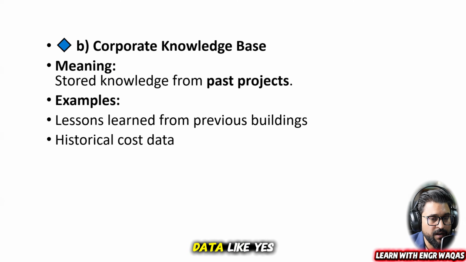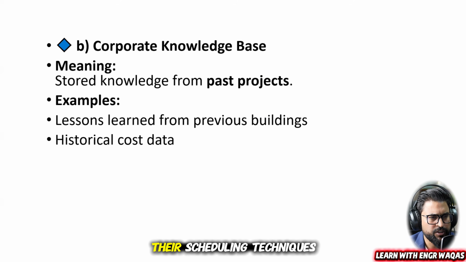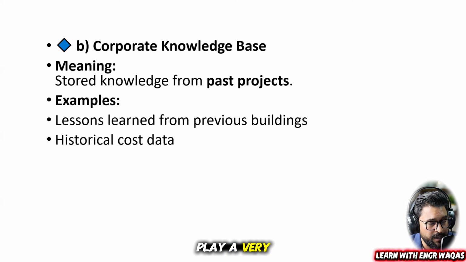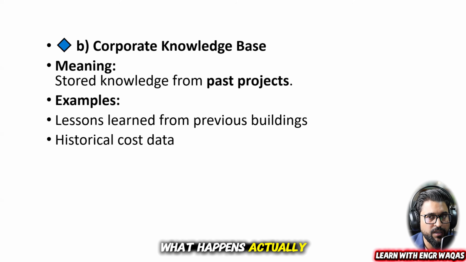Historical data: an already done project serves us as historical data and lessons learned. Their scheduling techniques, duration allocation, resource allocation, and different kinds of things play a very important role for our next projects. So when you are working as a planning engineer, before scheduling you need a lot of data.